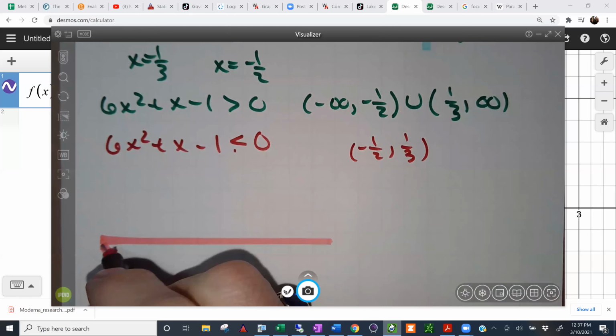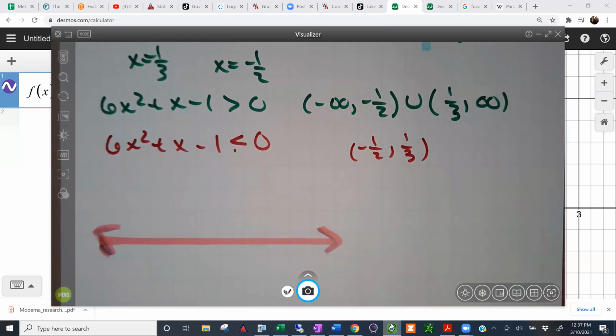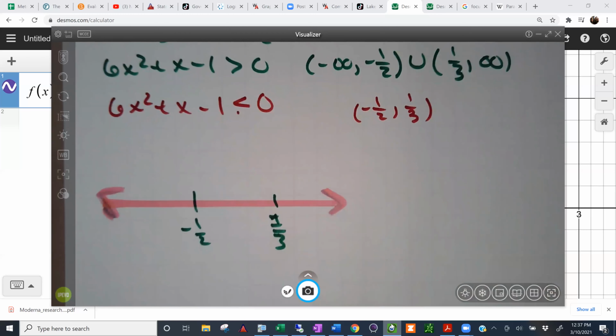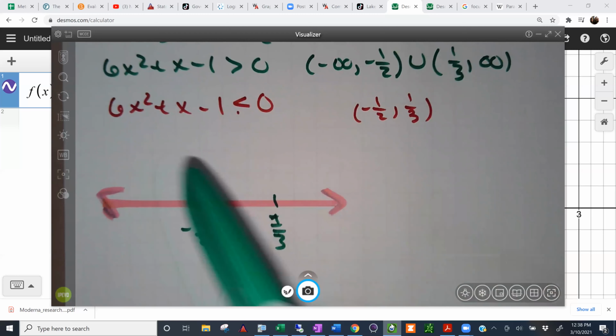We're going to draw ourselves a little number line here. And on that number line, I'm going to put some points. I'm going to put the x-intercepts, so negative 1/2 and 1/3. And the idea here is that I don't necessarily need to know exactly how big this is in terms of its graph.